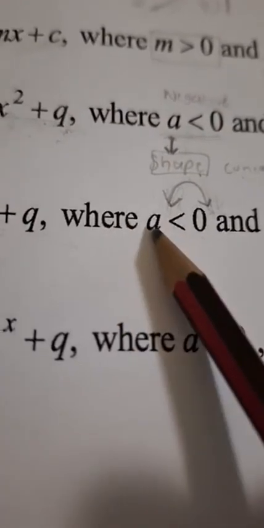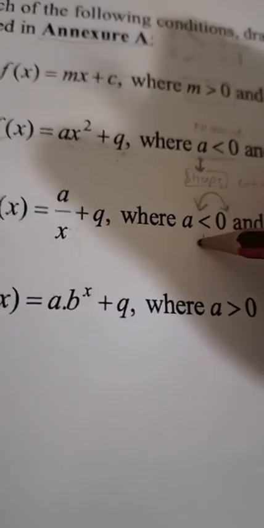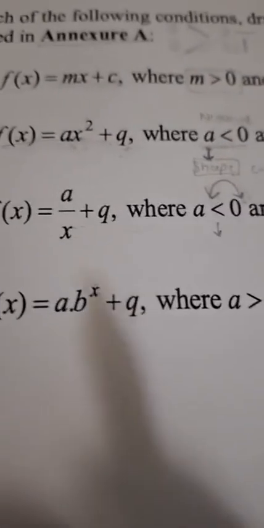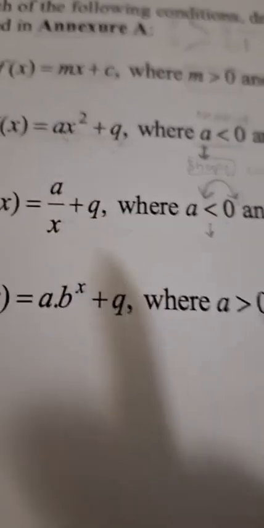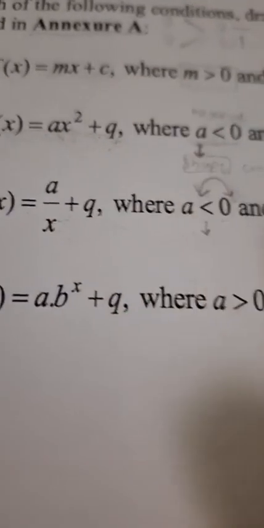Now let's go. It says where a is less than 0 and q is greater than 0. Now let's look at this. A. For the hyperbola, what does our a tell us? Guys, if a is less than 0, what is that function?